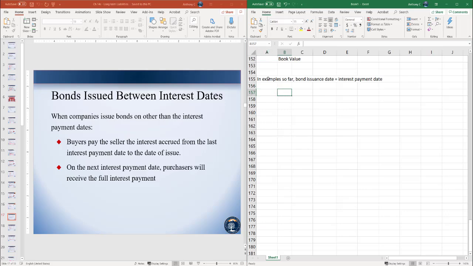All right. In most cases, though, the bond will not be issued on the same date as the interest payment dates. Right, so in that case, if they're not equal, we need to know how to account for it.